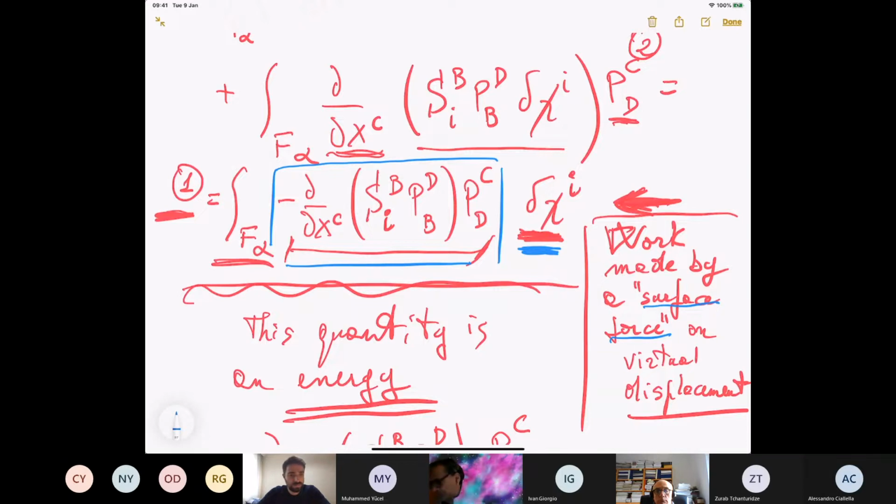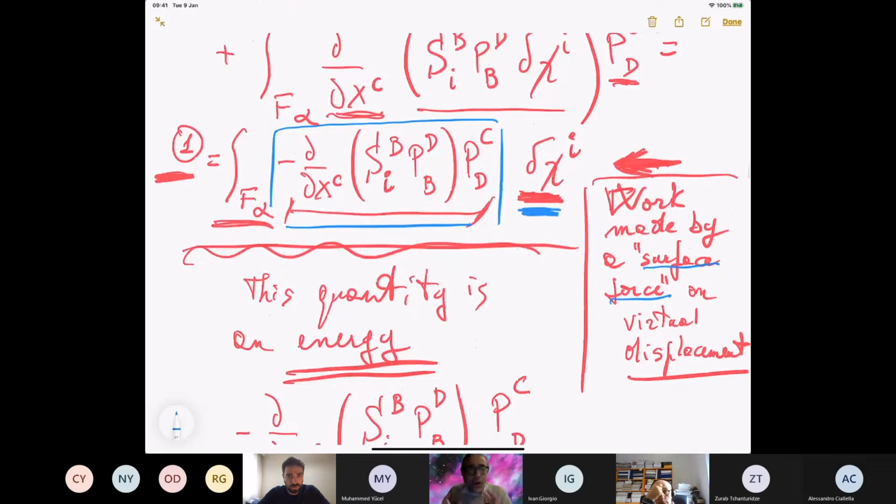So we could be happy, because if we believe in balance of force and balance of momenta, we have recognized that also in second gradient materials, we have a contact force per unit area. This is a new one. We already met several terms which are contact forces per unit area.